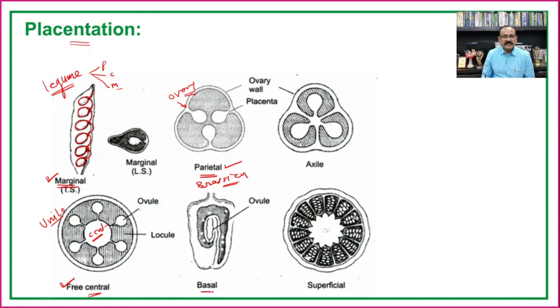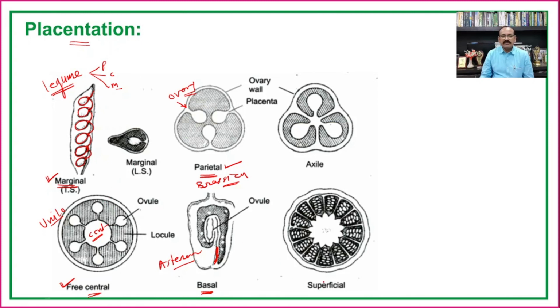In some cases, the placenta develops from the base, just like in the family Asteraceae. So if the placenta is developing from the base of the ovary, then it is known as basal placentation.